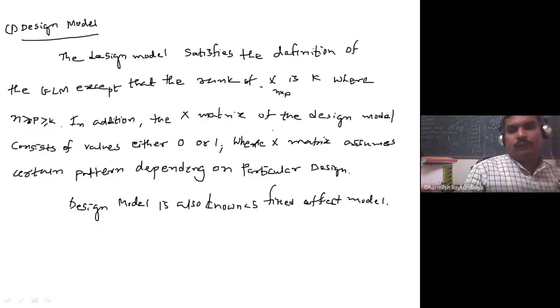But suppose the elements of X, whatever treatments you have taken, are taken from a certain population. You randomly choose, say, 3 treatments out of 10 to compare. So which 3 treatments you are going to compare is not fixed in advance. You randomly select the 3 treatments and then try to compare them. Then such a model is said to be a random effect model.